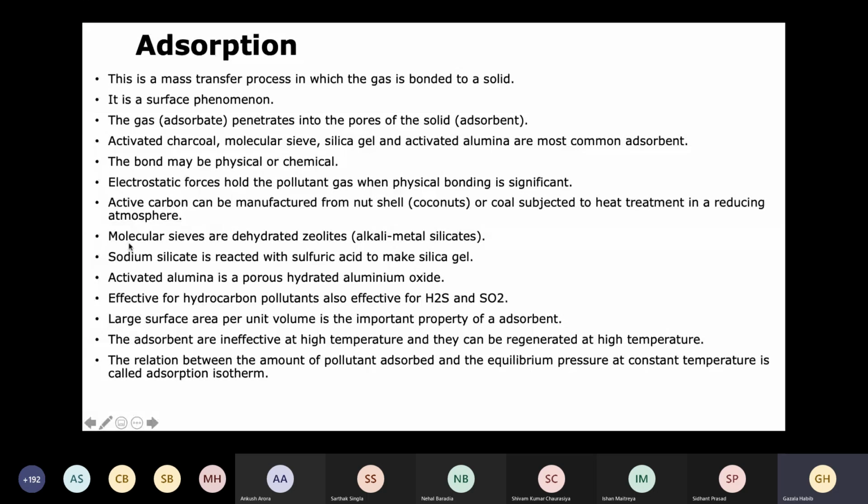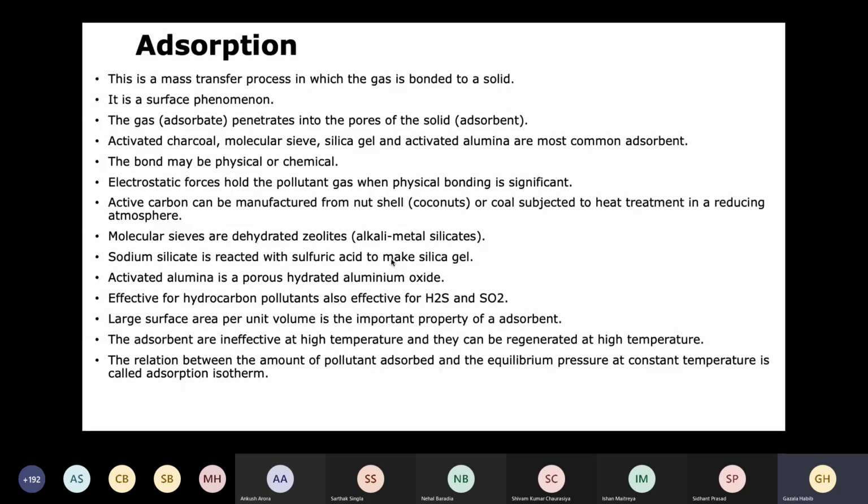Molecular sieves are dehydrated zeolites. These are alkali metal silicates. Sodium silicate is reacted with sulfuric acid to make silica gel. Silica gel, you must have used it, or at least you have heard about it. The reaction is simple, between sodium silicate and sulfuric acid.